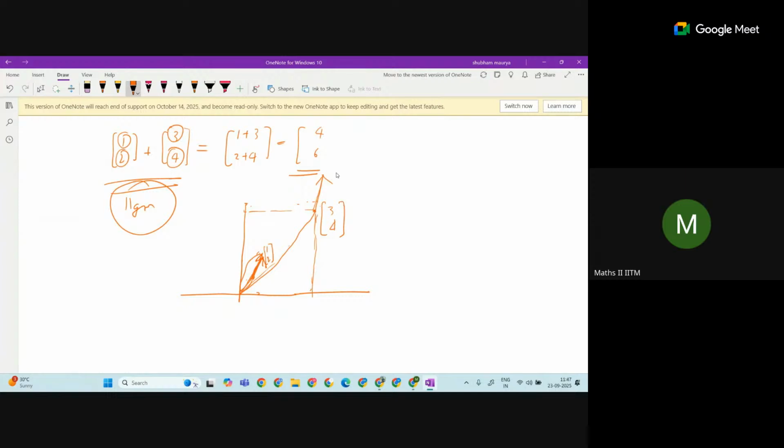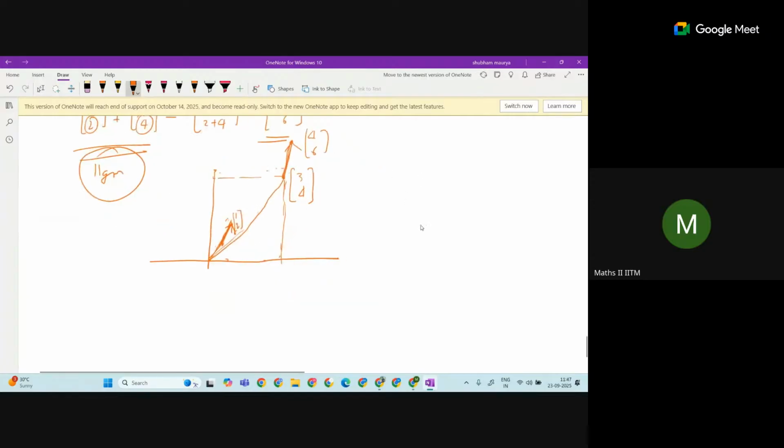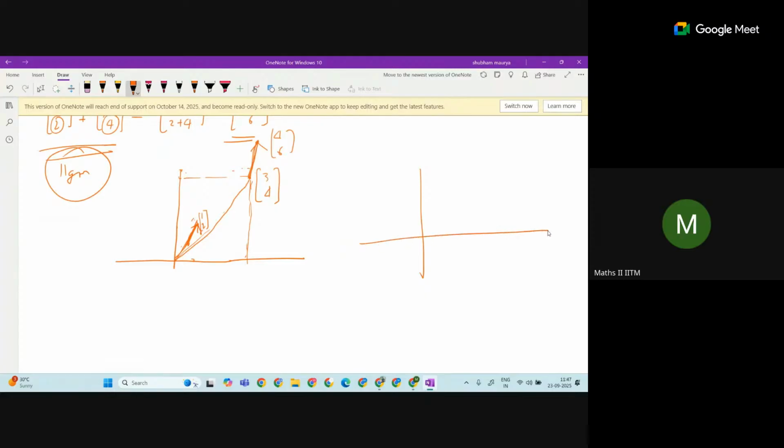When I replace it here, and you gauge this vector exactly, the distance is going to be exactly this one. I'm very bad at drawing, but the thing is, let's say this is a vector and this is another vector. When it is added, you can take this vector exactly and put it here, exactly the same. The direction is the same, the height is exactly the same. So this is how it's added.